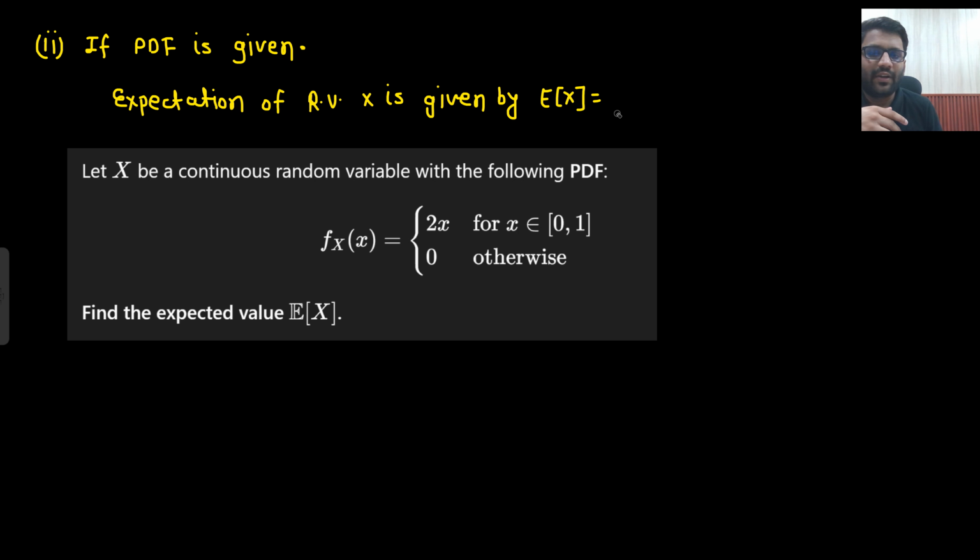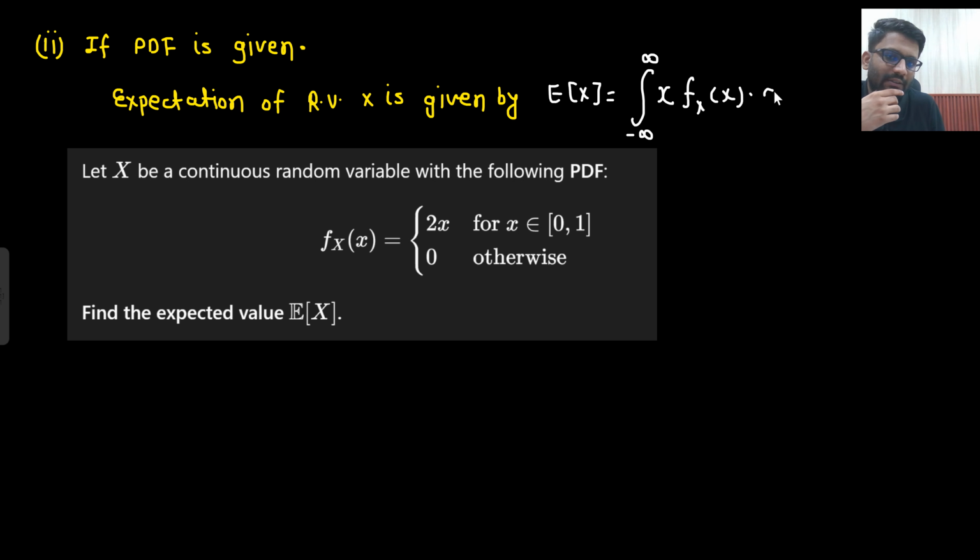So if the PDF is given, then expectation of X will be given by integrating over all the limits. Now you will see whatever is written here. X is written here, so I will write small x. Now I will write the PDF of small x: x into PDF of small x.